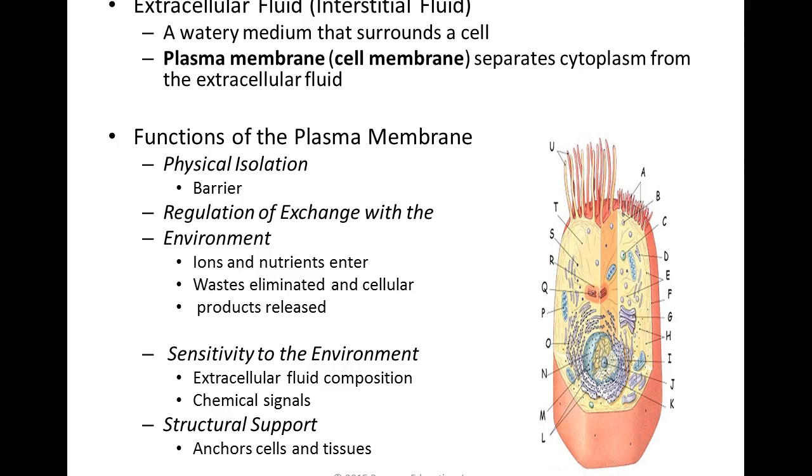So the membrane allows for exchange, whether that be passive or active exchange, allows for waste to be eliminated, and also if this cell is a specialized cell that's supposed to be making a protein or making an enzyme for the rest of the body to use, it allows for those products that the job it is to make for the body to be released out into the extracellular fluid.